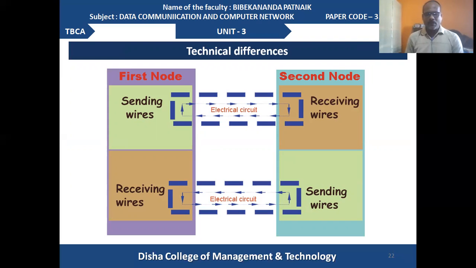So basically, you know that baseband transmits only a single data stream at a time. As I said earlier, in baseband, communication happens between two nodes, and the signal goes from one node to the other end like a single channel or single signal. But in this case only a single data stream can be transmitted at a time. In broadband, it is possible to transmit signals of multiple nodes simultaneously.